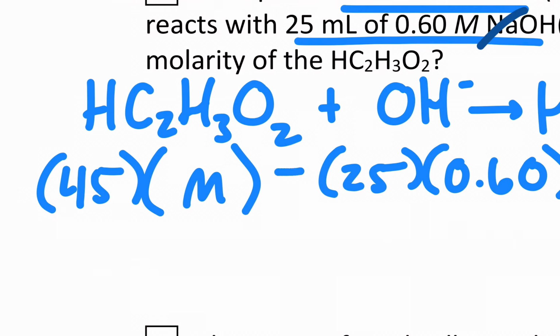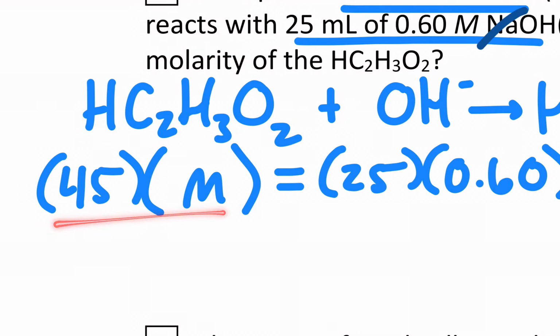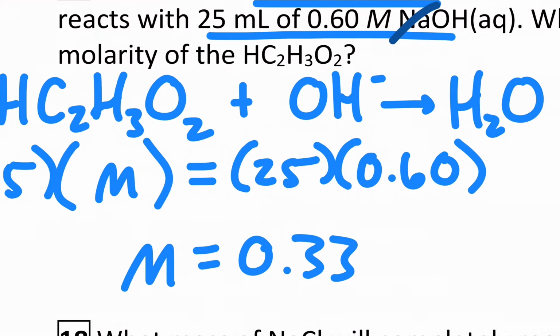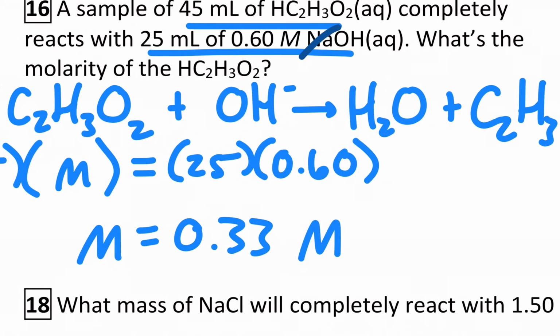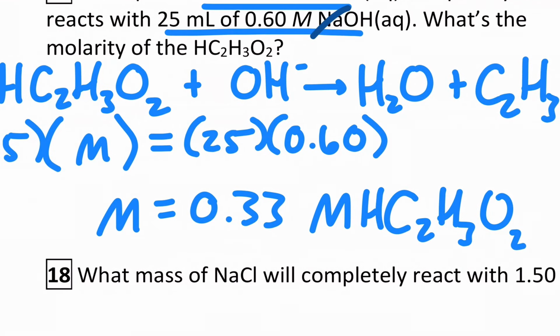I just have to put an equal sign in between. Because they react in a 1-to-1 ratio, my moles will equal my moles, or my millimoles equals my millimoles. So I just rearrange and solve, and you get 0.33 molar of the acetic acid, HC2H3O2.